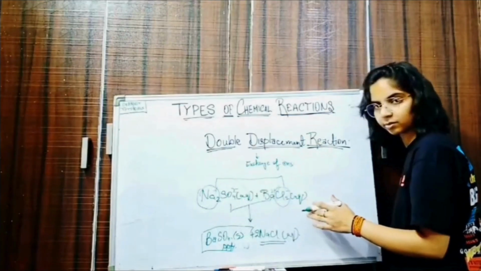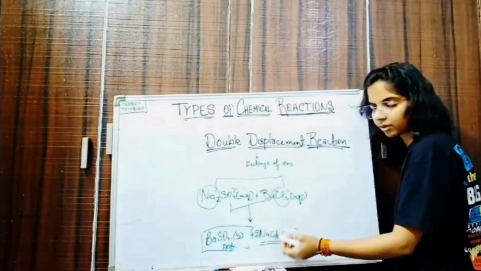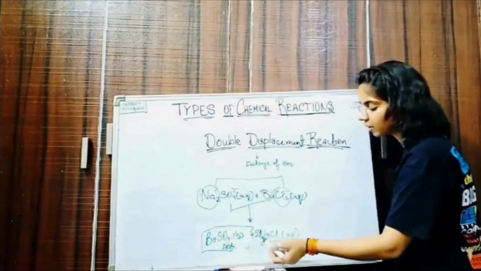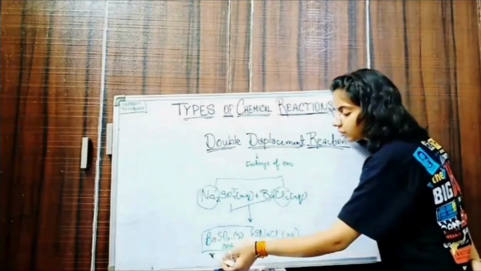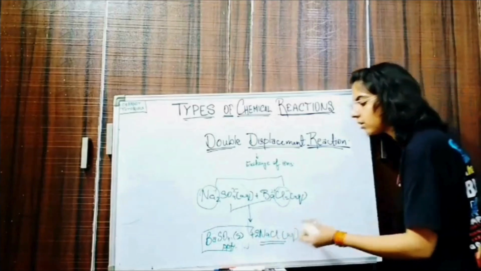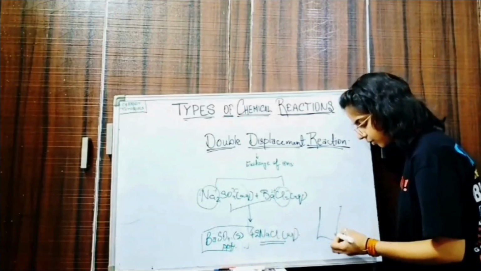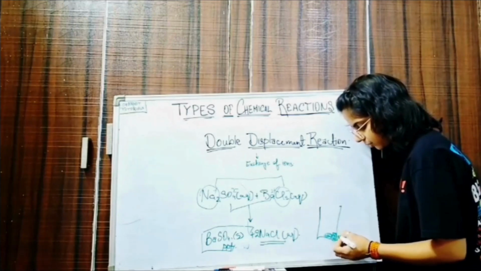Now after the double displacement reaction has taken place and the exchange of ions has occurred, this sodium chloride is formed and will remain dissolved in the aqueous solution, but this barium sulfate has become insoluble. It will settle down at the bottom of the vessel like this, as a precipitate.